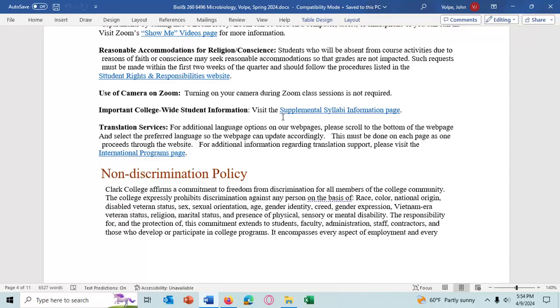That actually happened last term, where Clark College's internet went down, so nobody, including me, could log into Zoom, because you have to get permission by logging into Clark to log into Zoom, and it's just a mess. It used to be that you could log in directly to the class through Zoom or through the college, and you can't do that anymore. So if the college internet goes down, this class is not going to be meeting.